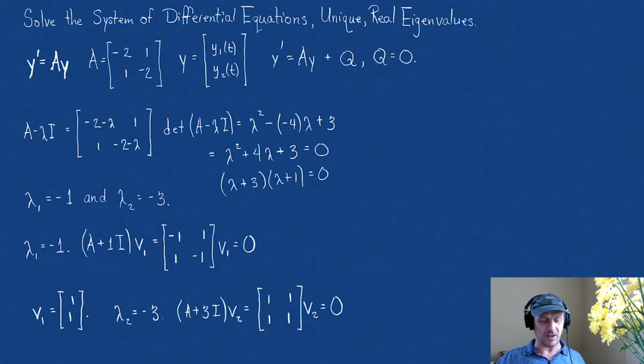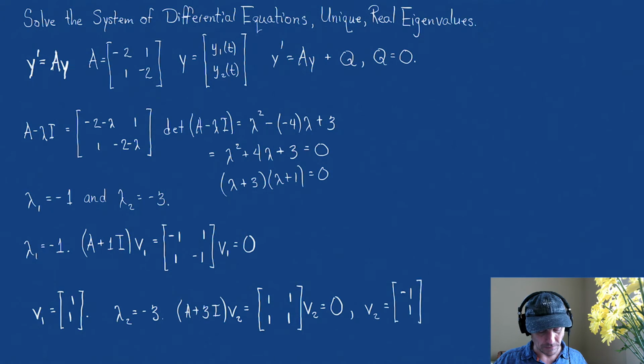Notice that if we subtract the second column from the first column, that'll give us 0. Or if we subtract the first column and then add the second column, that would give me 0. So in other words, it looks like my second eigenvector is simply minus 1, 1. And there we are. We're almost done.